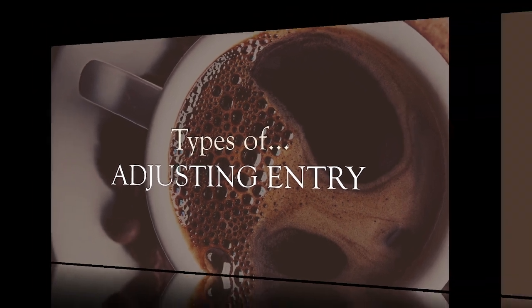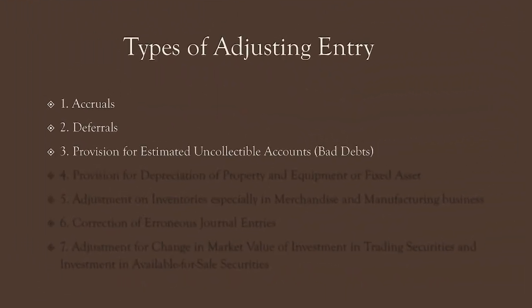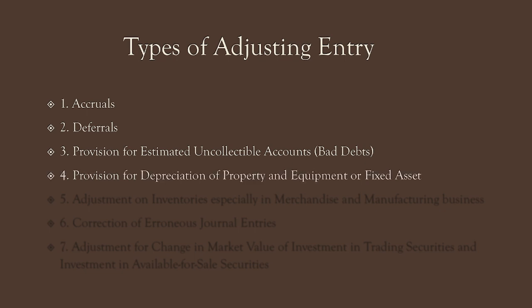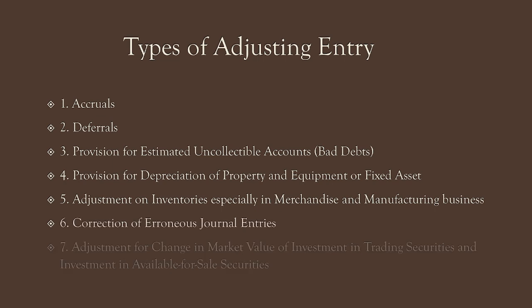So, types of adjusting entries: accruals, deferrals, provision for estimated uncollectible accounts or bad debts, provision for depreciation of property and equipment or fixed assets, adjustment on inventories, especially in merchandise and manufacturing business, correction of erroneous journal entries, and adjustment for change in market value of investment in trading securities and investment in available for sale securities.